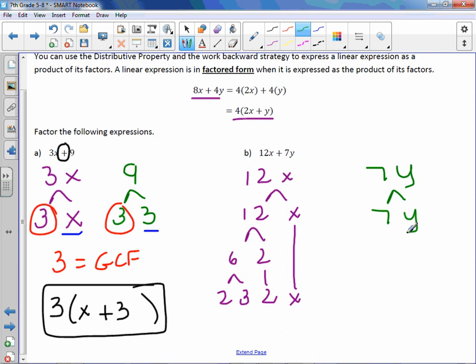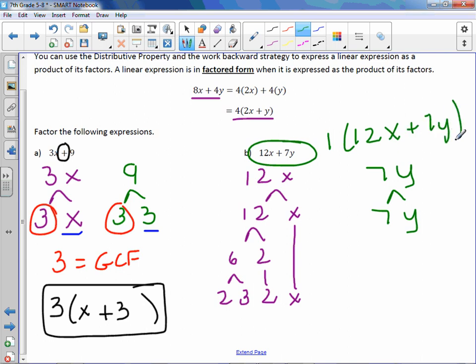Now they have nothing in common. But what they really have in common, technically, is 1. When there's nothing in common, no factors, they always have a factor of 1 in common. Okay? So this can actually be written like that, or you could write it 1 times 12x plus 7y.